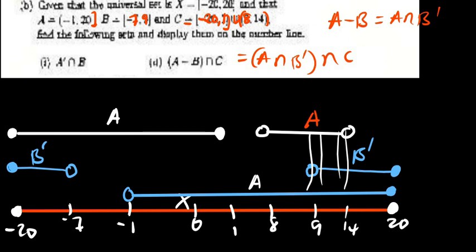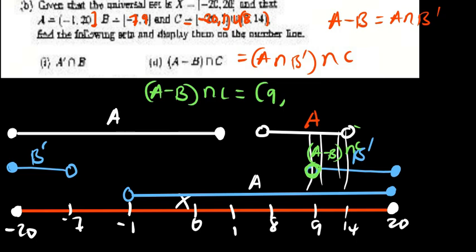So that point I've shaded, that is A minus B in the brackets intersection C. Meaning that A minus B intersected with C is equal to, this is 9, but you look at the last line, which is this one, it is open, so it will be 9 open. Then again, this is the A, that's where it ends, so here also is open, so it is 14.